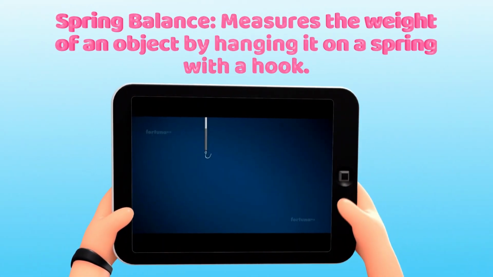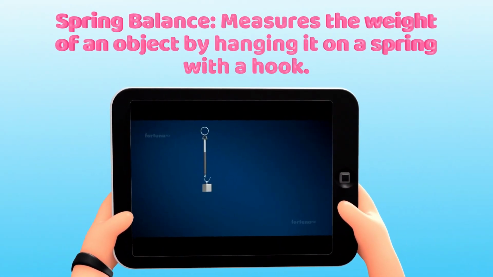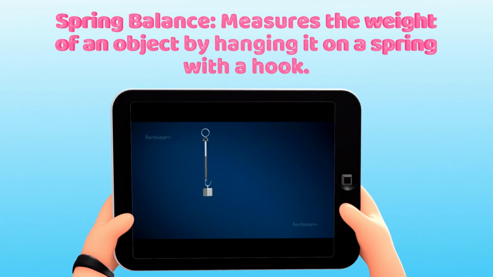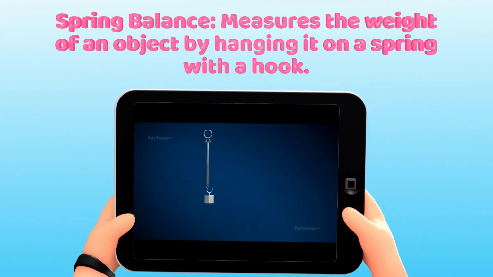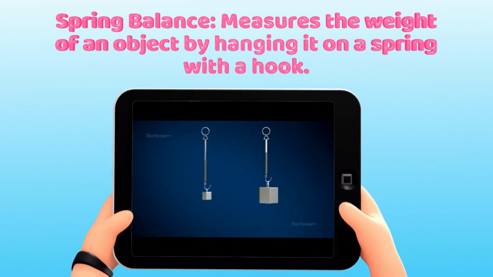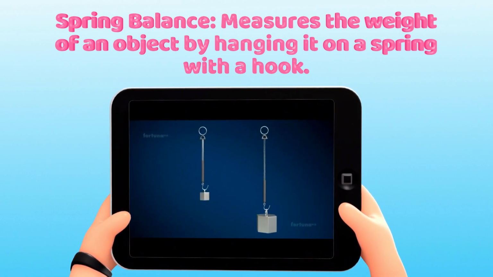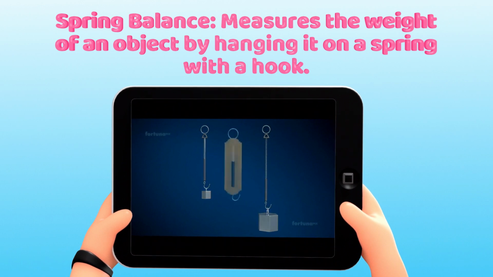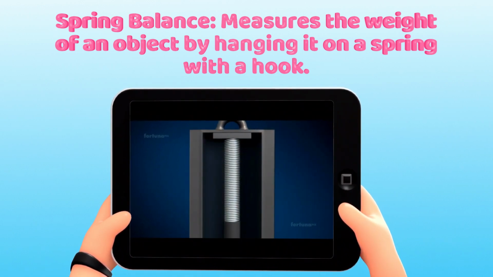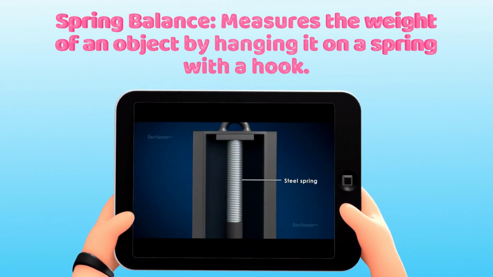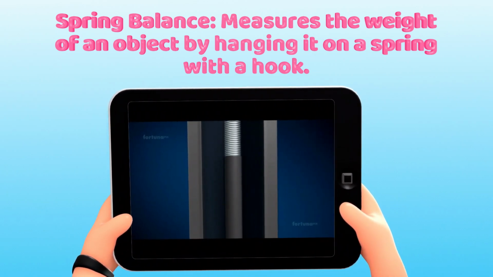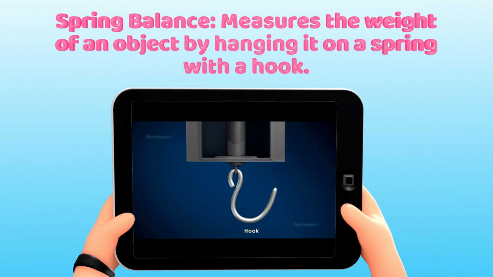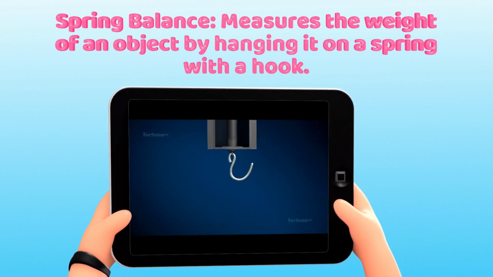Let's now check another apparatus, which is the spring balance. This measures the weight of an object by hanging it on a spring with a hook. As you can see from the screen, that is the spring and that is the hook.